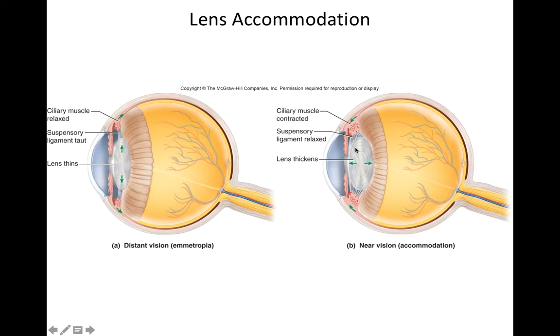It's going to thicken up because it's no longer being pulled taut. So 3 different muscles that have to contract in order for this to function in terms of the near vision. So near vision is a very active process, whereas distant vision is a completely relaxed eye.